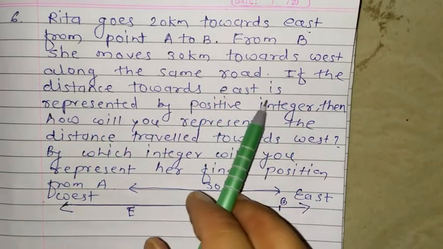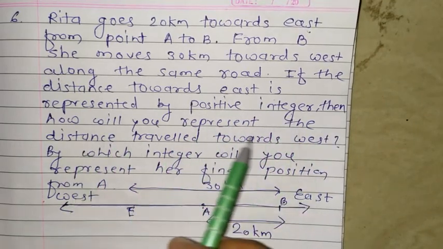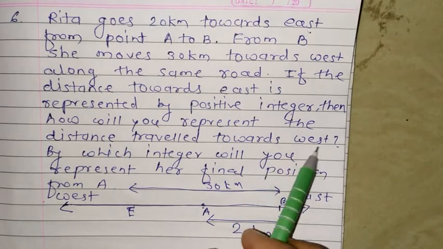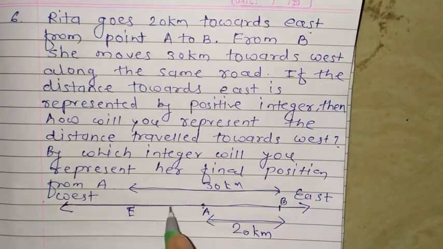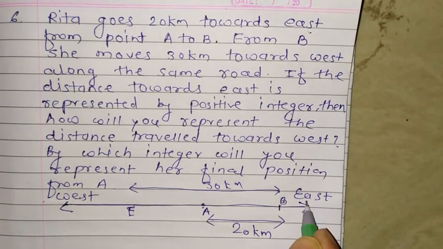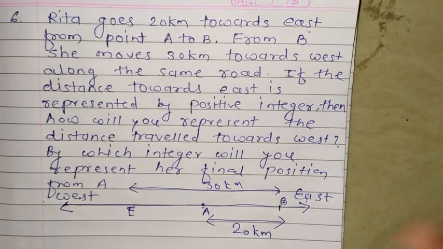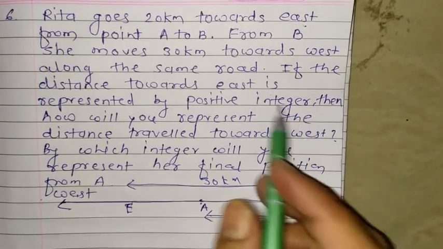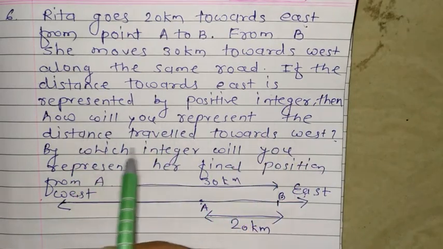If the distance toward east is a positive integer, then how will you represent the distance traveled toward west? What they have given: if they move from west to east, it is positive. In opposite, east to west is negative. Definitely we have seen this in the integer line also. Then how will you represent the distance traveled towards west?